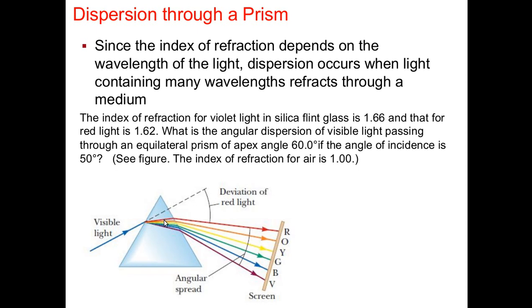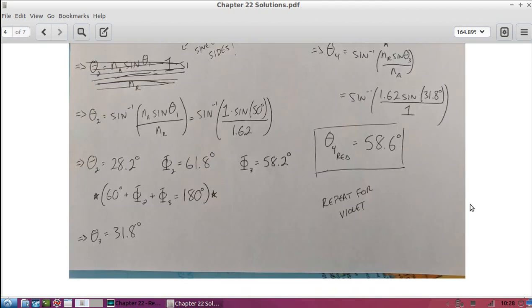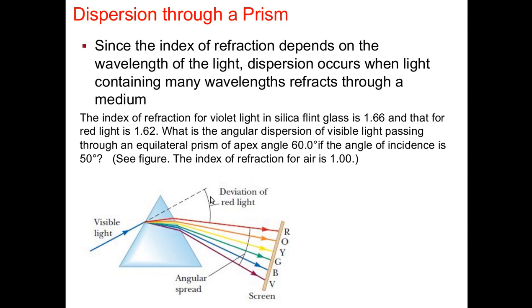So the angle between this red beam and that line, if I move this line down here, is the final refracted angle that we found for the red light, and that was 58.6 degrees. So we're going to do the same thing for the violet light, and we take this same line, bring it down here.